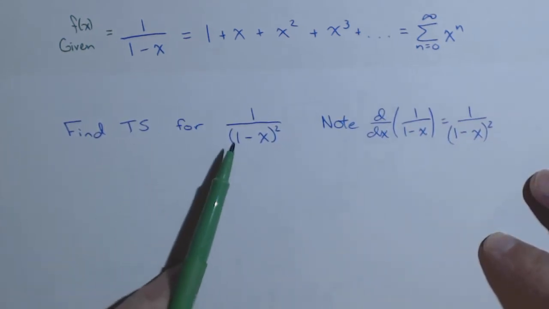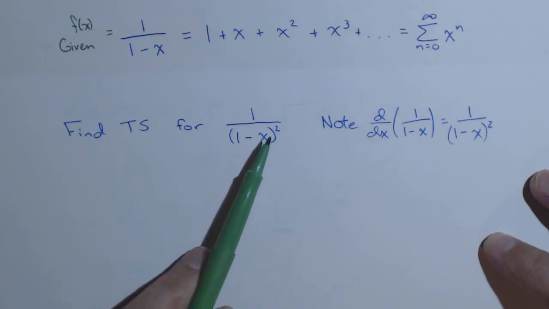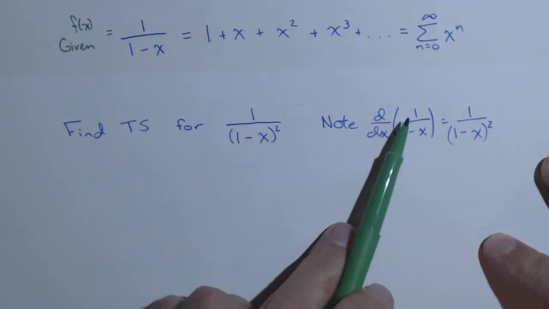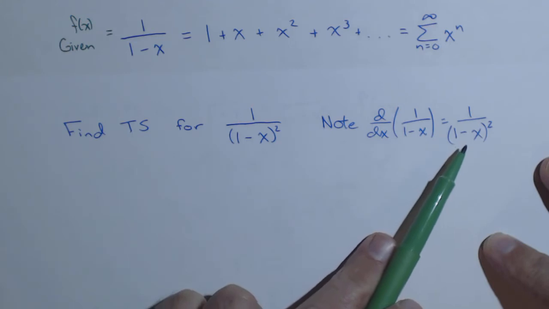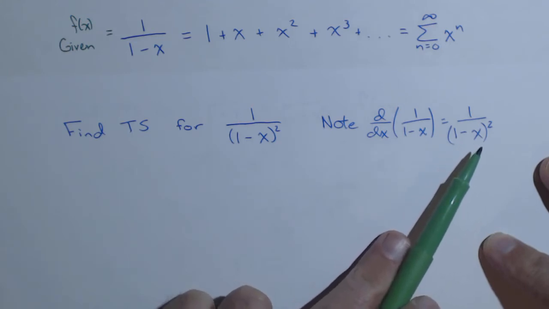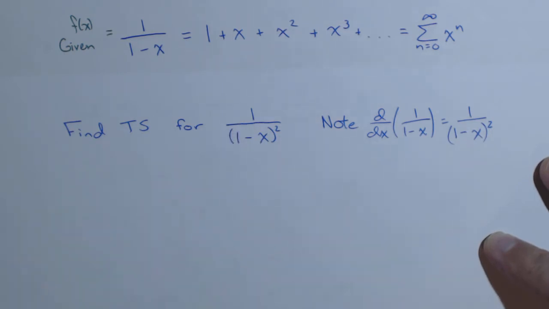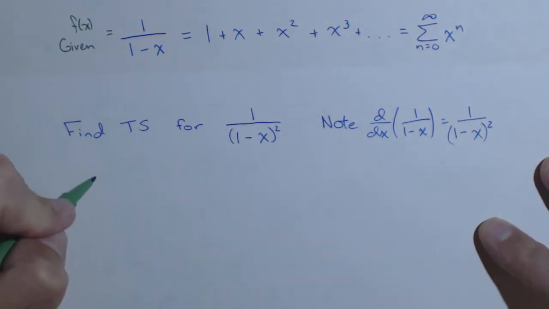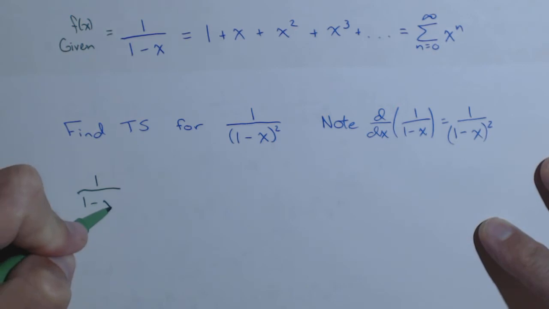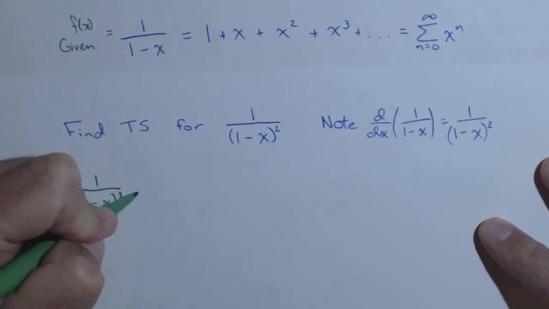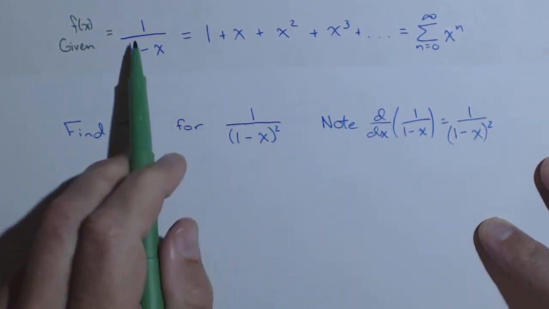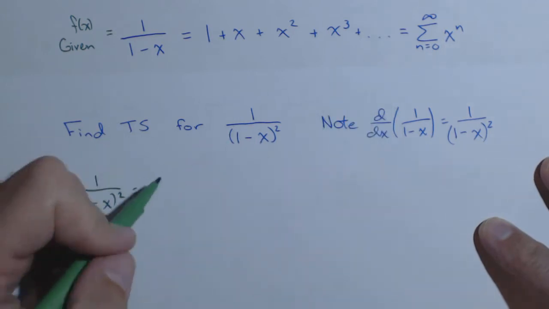So we're going to find the Taylor expansion of 1 over 1 minus x squared, and I'm giving a hint. The derivative of 1 over 1 minus x is 1 over 1 minus x, the quantity squared. So if you want, go ahead and double check that, but that means our Taylor expansion of 1 over 1 minus x squared is going to be the derivative of this guy, so it's the derivative of each of these terms.